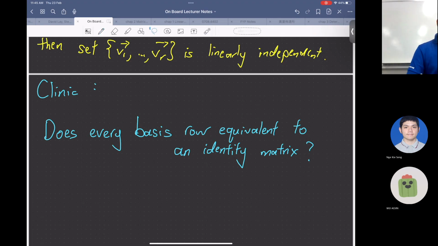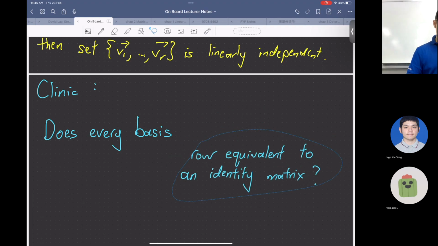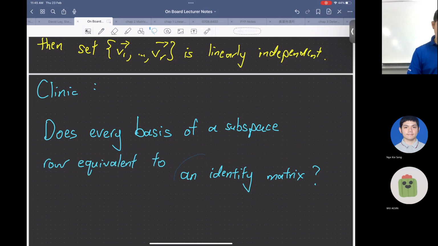Maybe this is not a proper question yet. Does every basis of a subspace, any subspace, row reduce to an identity matrix?